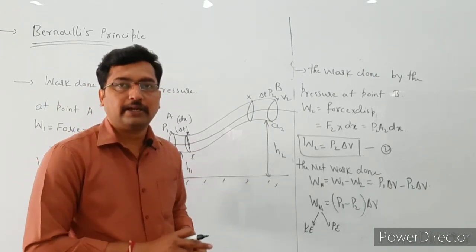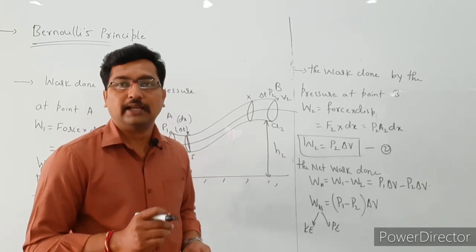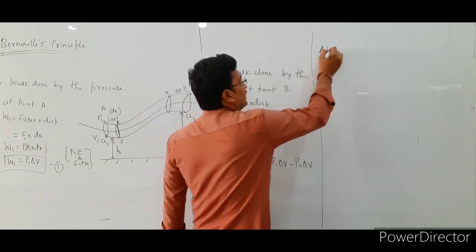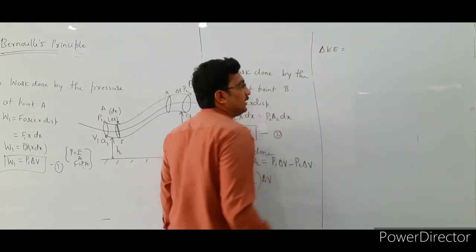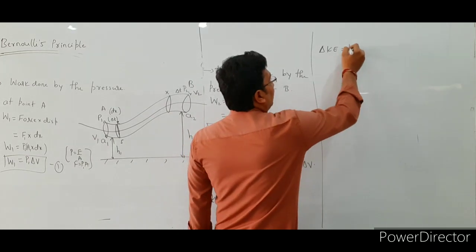So next we are going to find out the change in kinetic energy and the change in potential energy. First, the change in kinetic energy. Change in kinetic energy is equal to final kinetic energy minus initial kinetic energy.